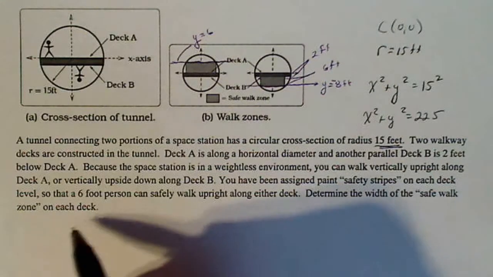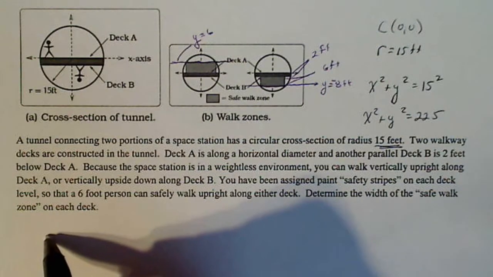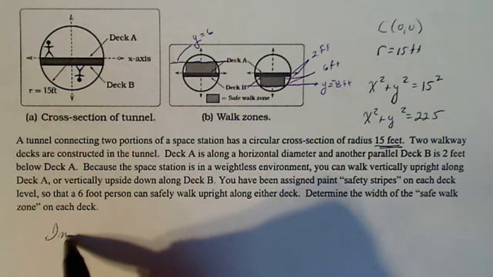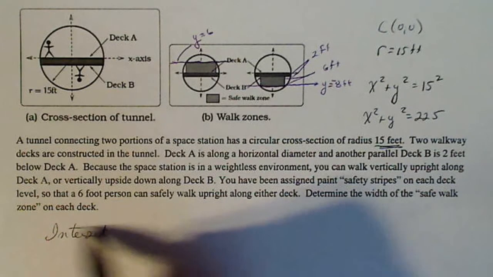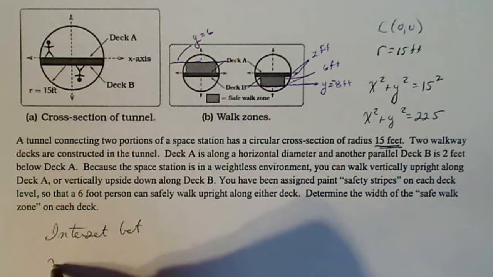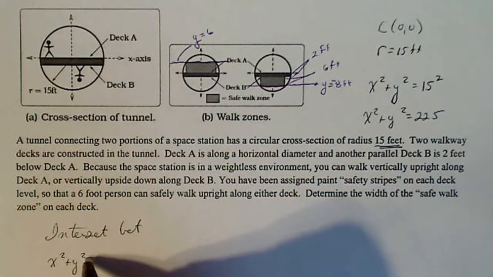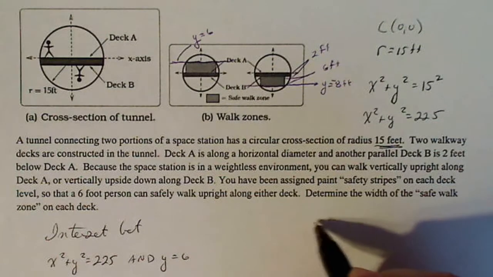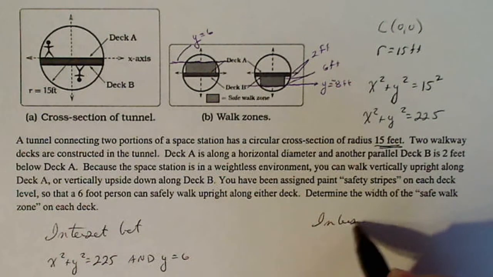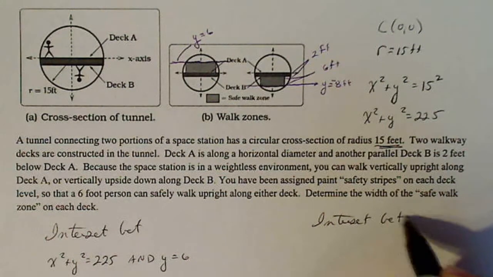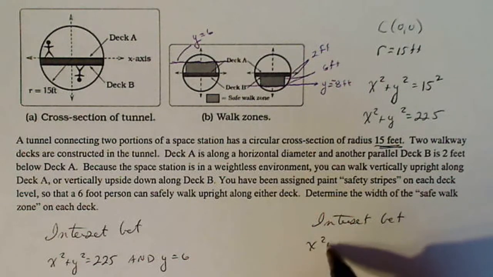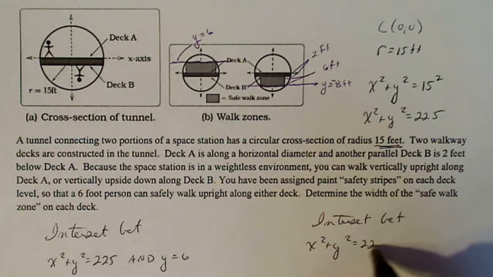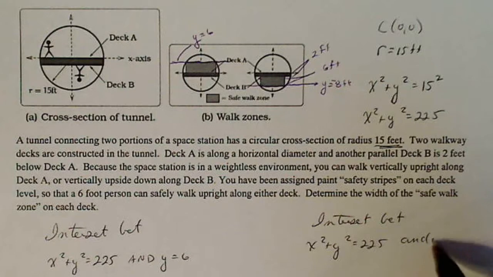All we have to do is find the intersection between x squared plus y squared equals 225 and y equals 6, and then the intersection between x squared plus y squared equals 225 and y equals negative 8.